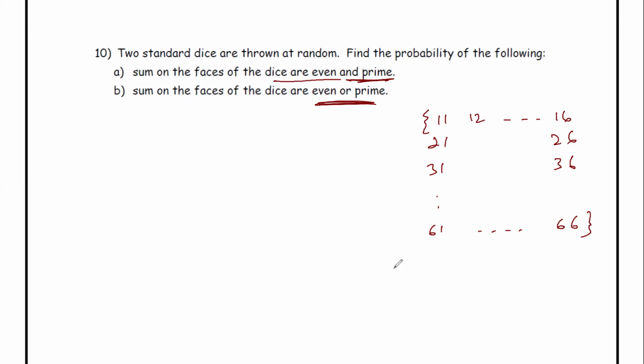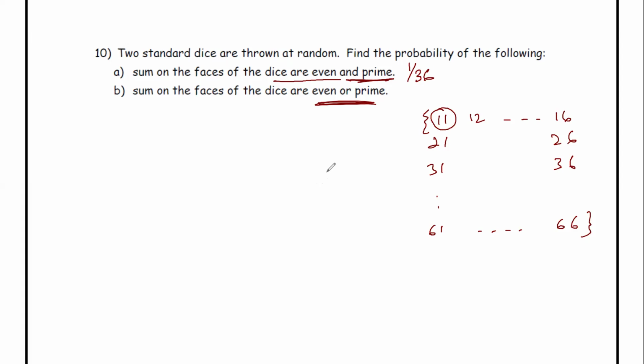If you discuss the set of prime numbers, all of them are odd except the first number, 2. So when they talk about the sum on the faces of the dice being even and prime, the sum is only 2, and therefore only 1 and 1 comes in the picture. The probability here is 1 by 36, because a sum of 2 is only got when both numbers on the dice are 1 and 1.